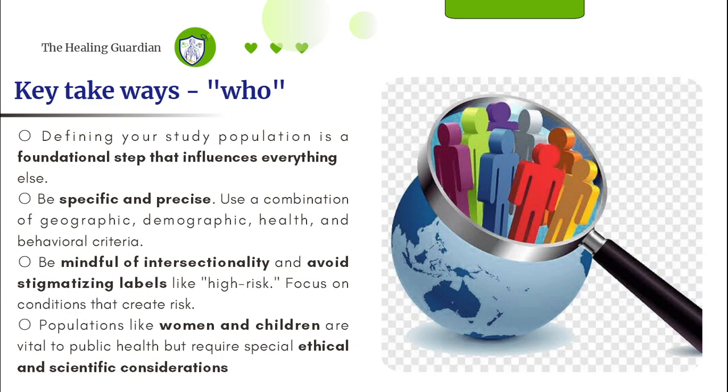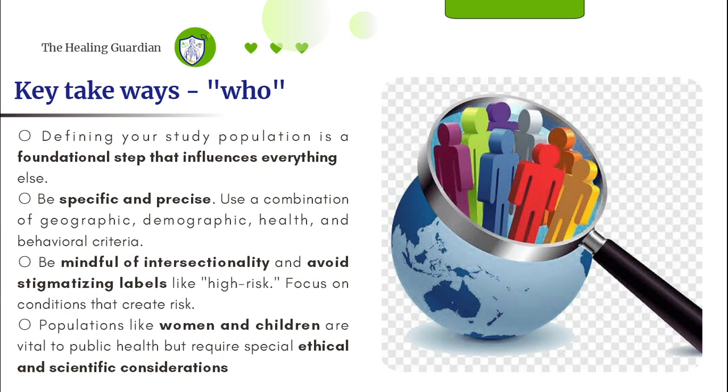We said that defining your study population is a foundational step that will influence everything else. You have to be specific and precise and combine data about their geography, demography, their health and behavior while defining your study population.